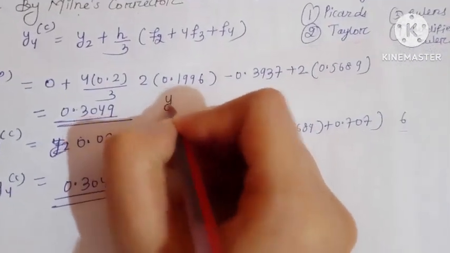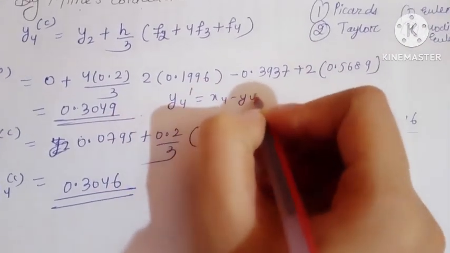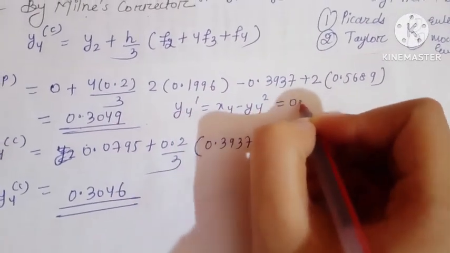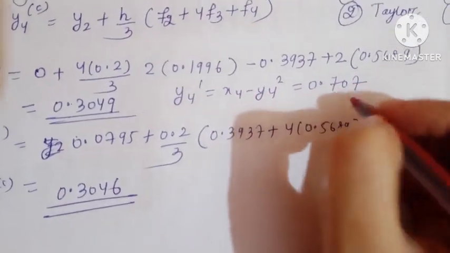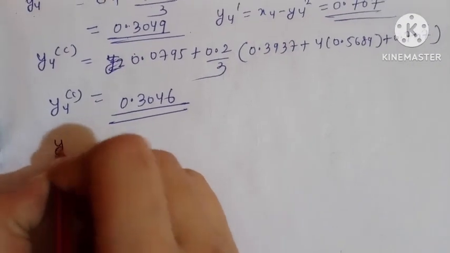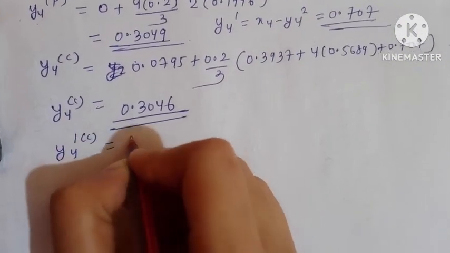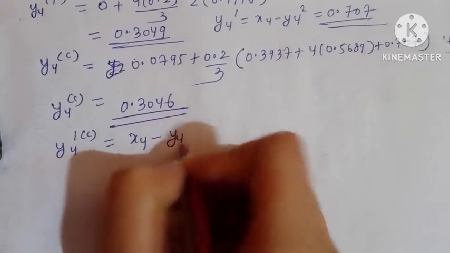Now we will find Y4 dash. So Y4 dash is X4 minus Y4 square, which will become 0.707. Y4 dash corrector will become X4 minus Y4 square.